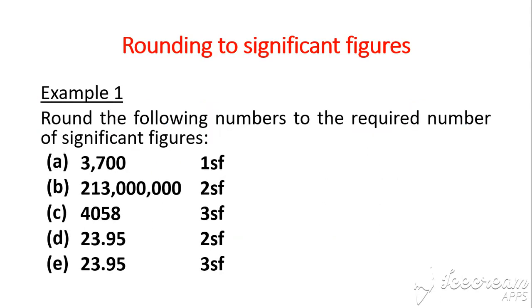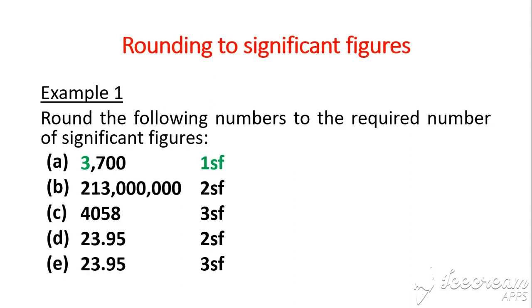All right, let's see if we can go through some examples, start putting this into practice. Here are 5 examples for rounding to a required number of significant figures. Part A, let's round 3,700 to 1 significant figure. Well, the most important significant number in this is the 3. It represents 3 thousand.